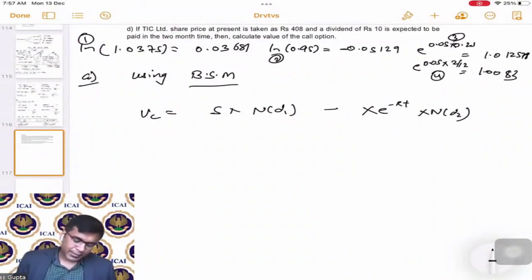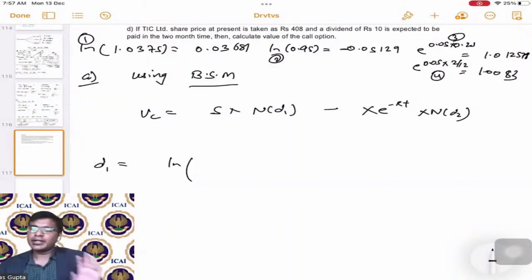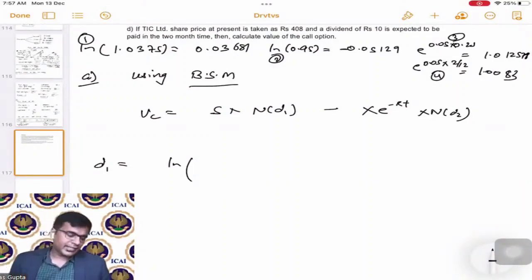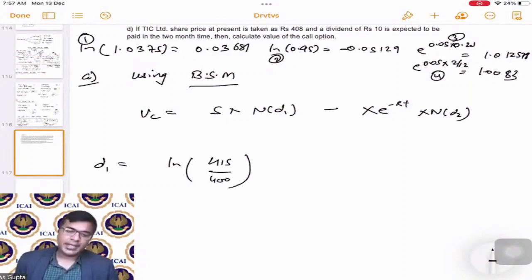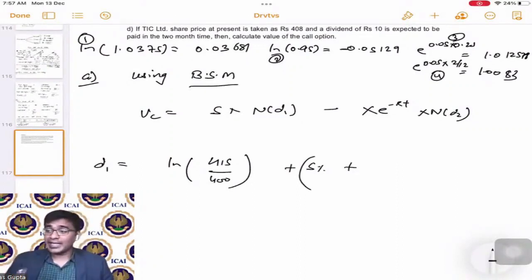We will just simply put, first of all, let us calculate the d1. I'm skipping the formula writing, but it's better if you write the formula for d1 as well. So d1 is equal to natural log of spot price divided by the strike price. Strike price is 400, correct? Plus 5%, which is the annual rate of return. Again, this is the annual rate, correct? You don't have to prorate this rate here.